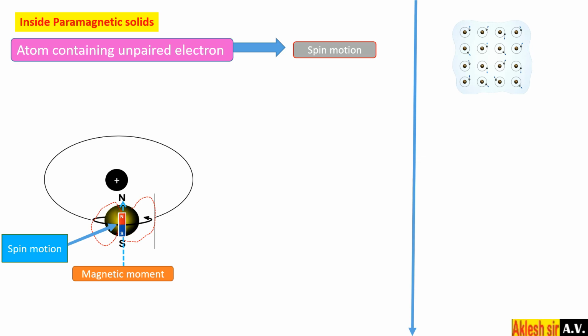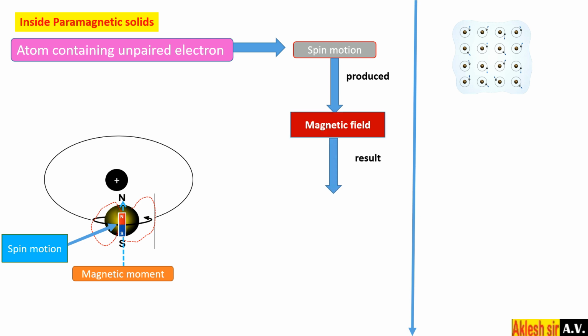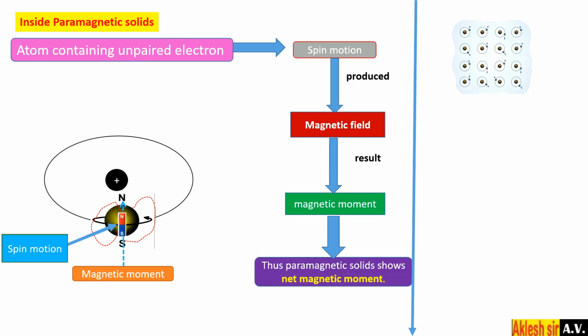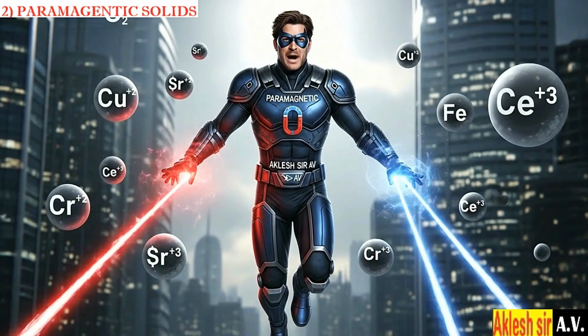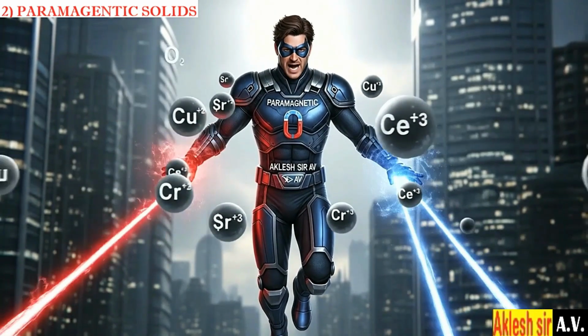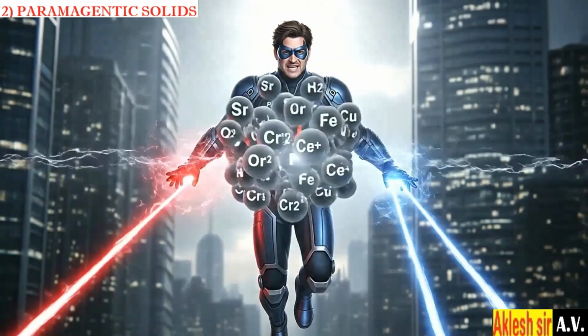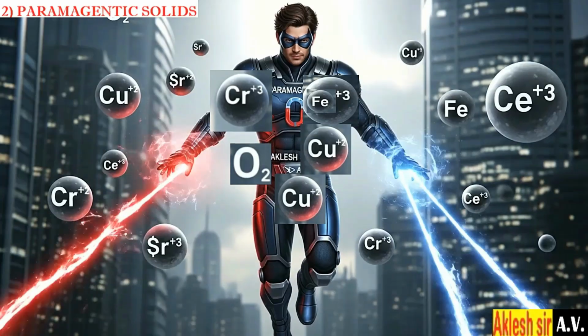Thus the spin motion of the electron produces a magnetic field, which results in a magnetic moment. Thus a paramagnetic solid shows a net magnetic moment. I am a paramagnetic substance attracting you. I have the power to weakly attract the paramagnetic substance.